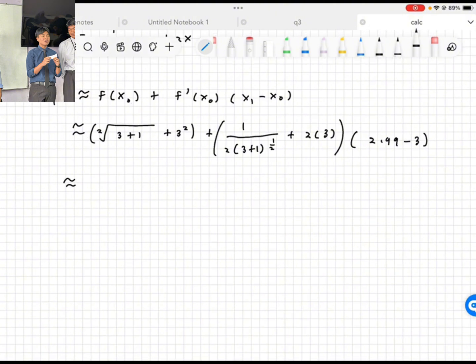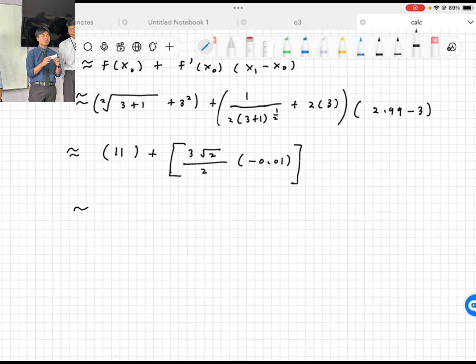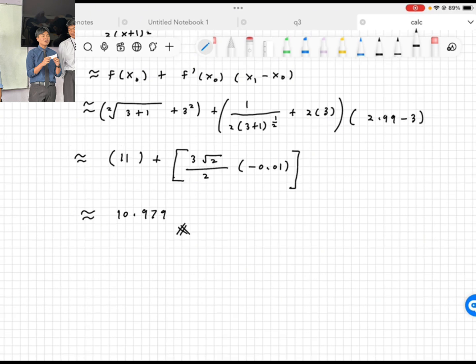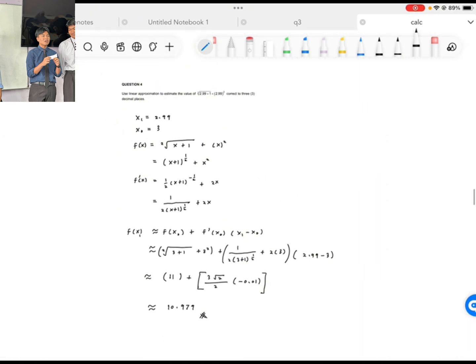After that, we solve our equation, and we get f(x) equal 11 plus 3 root 2 over 2, and then we multiply with negative 0.01, and then the final answer we will get is 10.979. That's the final answer for question 4. Thank you very much.